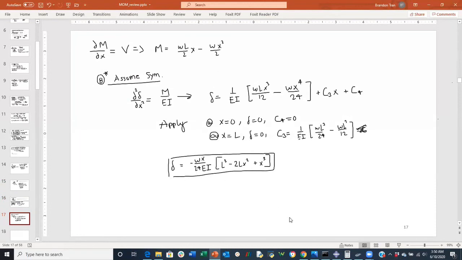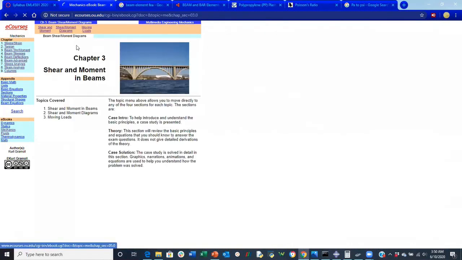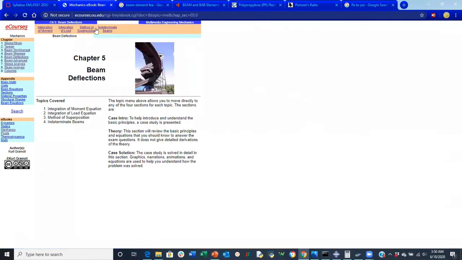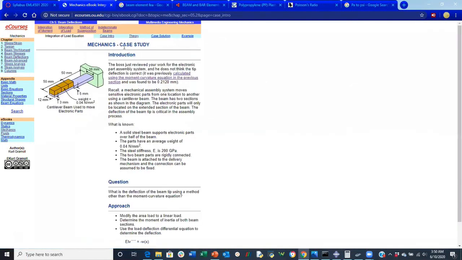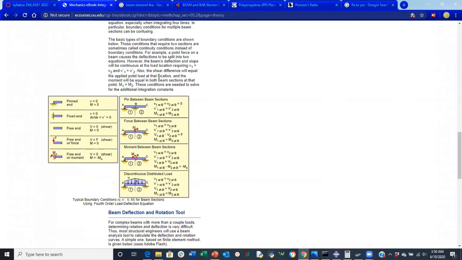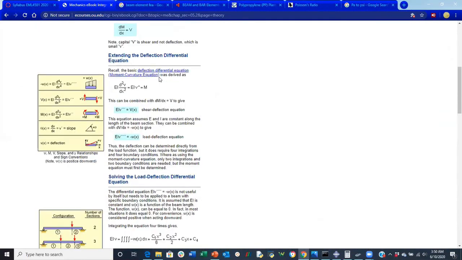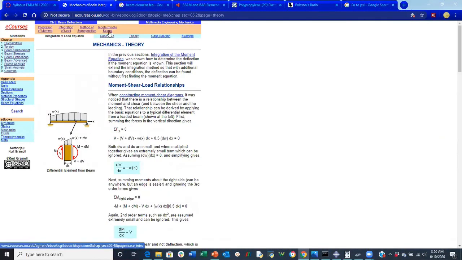So just something to bring up. Let's go ahead and look at our course's Mechanics of Materials ebook here. So let's go to beam deflections.